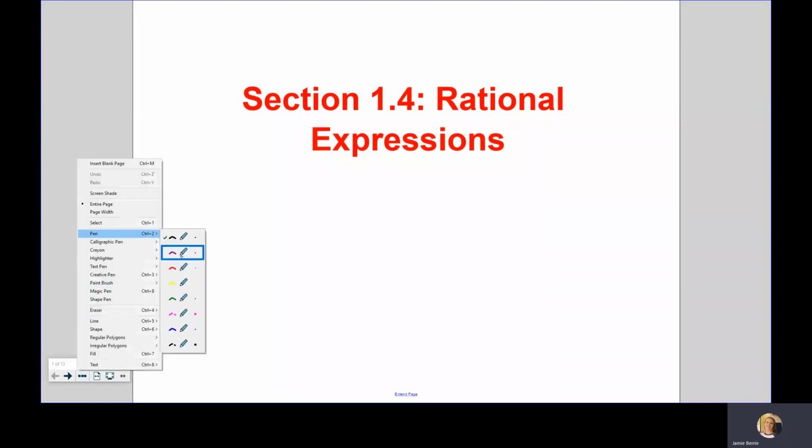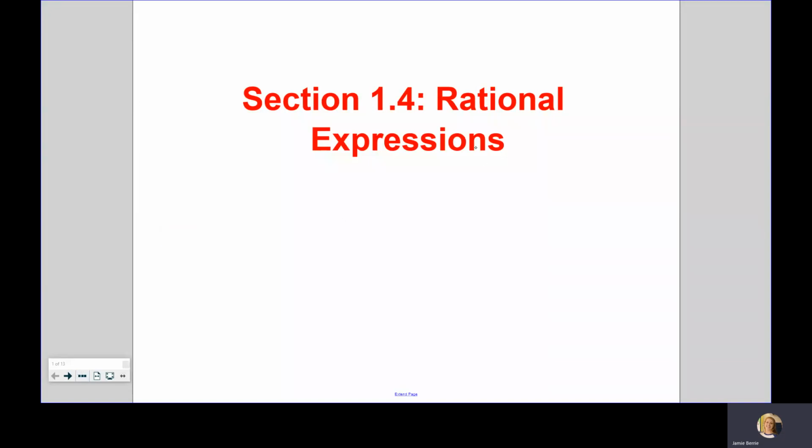Rational expressions is just a fancy name for fractions. So rational expressions just means fractions. And specifically, these are going to be fractions with variables in the denominator. So you're going to have a variable in the denominator.